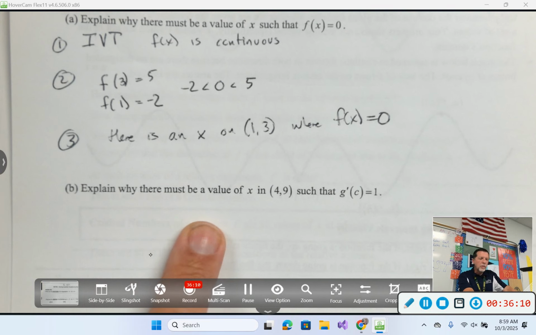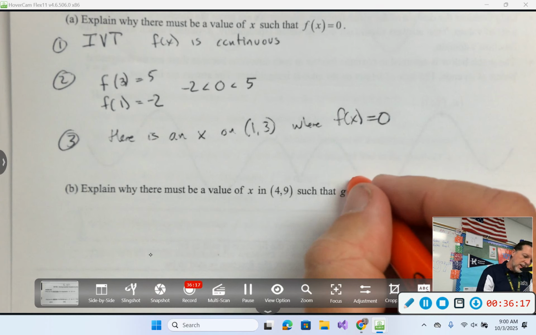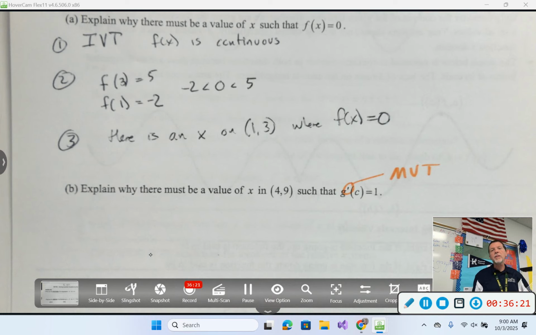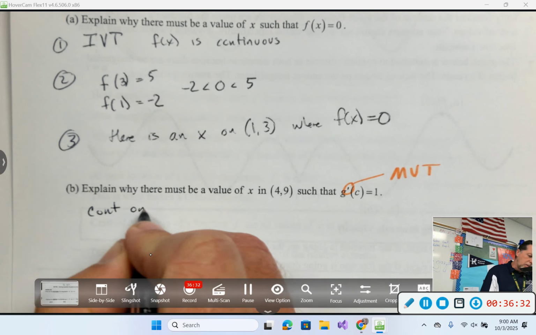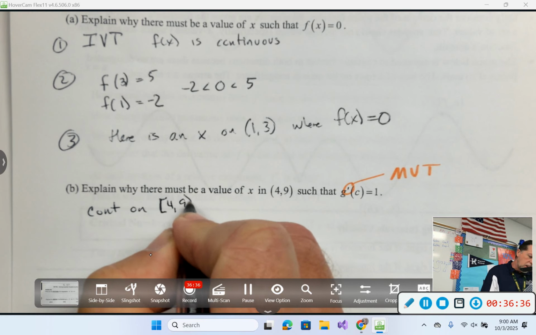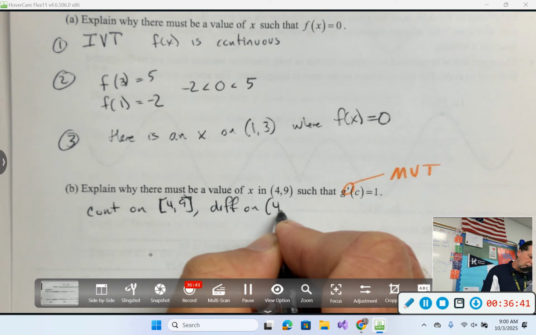Part B. Explain why there must be a value of x between 4 and 9 such that g prime. That's kind of a giveaway that this is probably an MVT problem because we're talking about slopes rather than values. So that's a pretty big hint. Okay, so continuous on 4 to 9 and differentiable on 4 to 9.